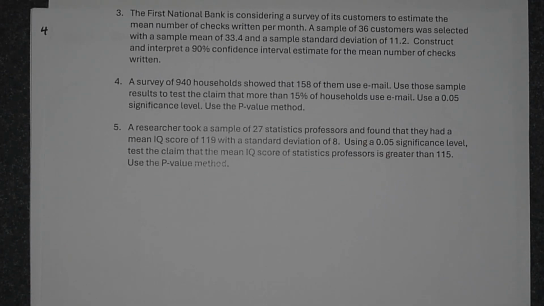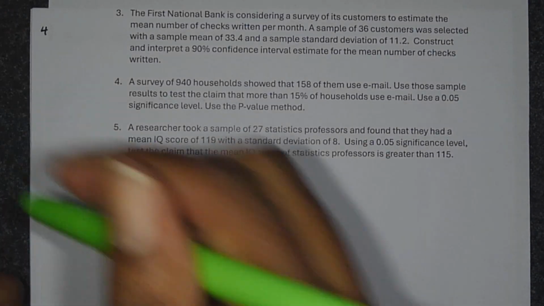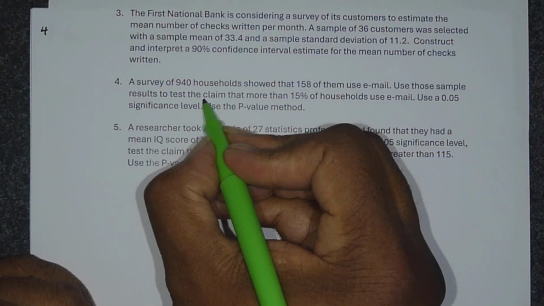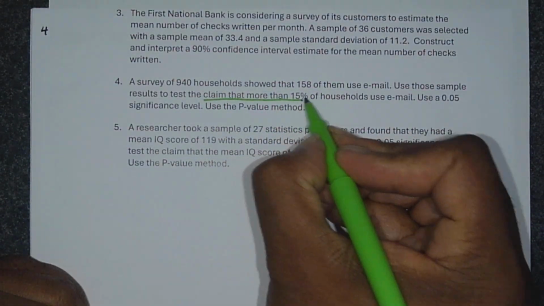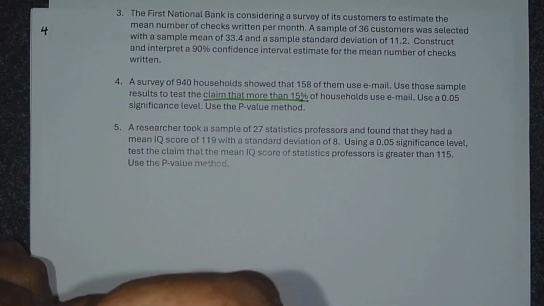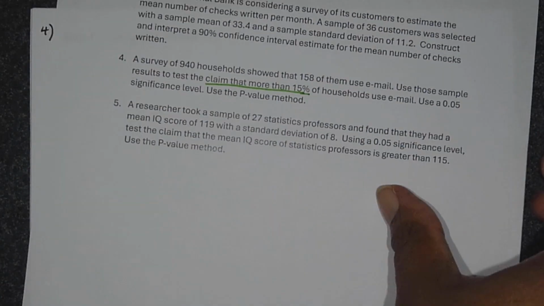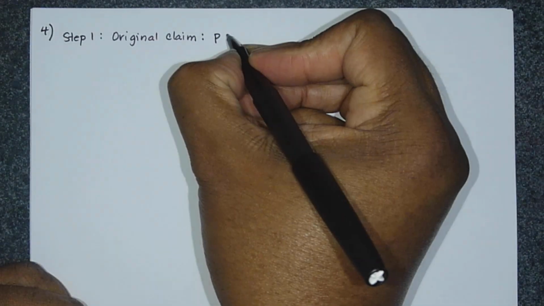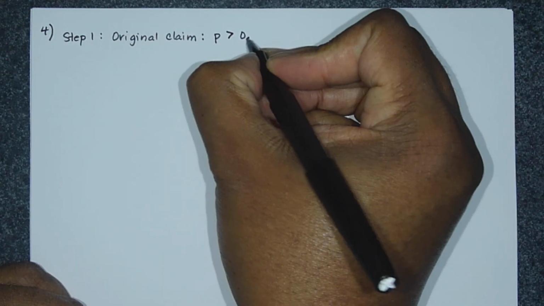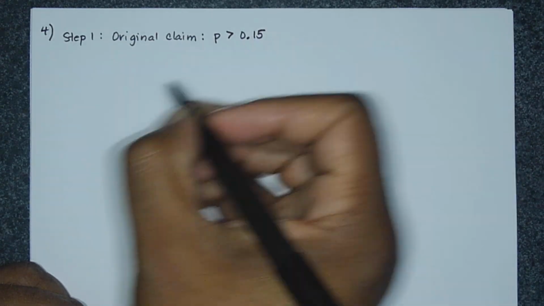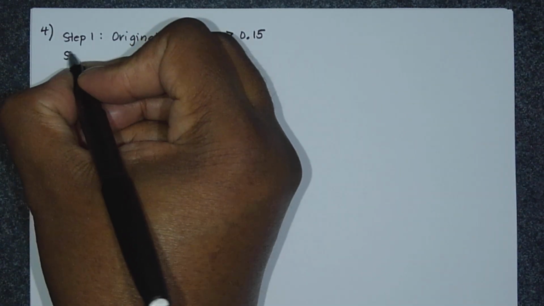Well, let's look at this. Here's the claim right here: more than 15%. Greater than 0.15. Because you've got to get this right first, because if you don't, everything else is going to be wrong.